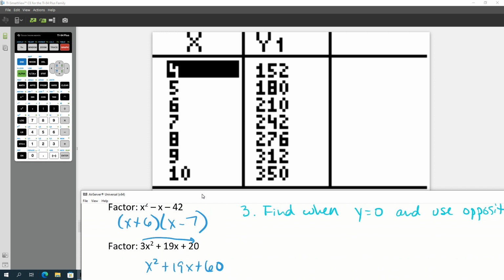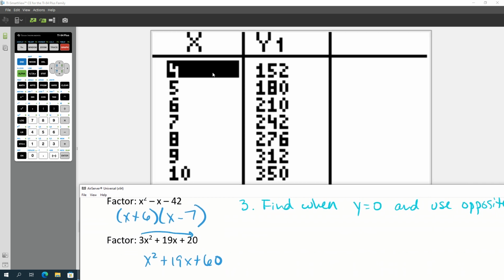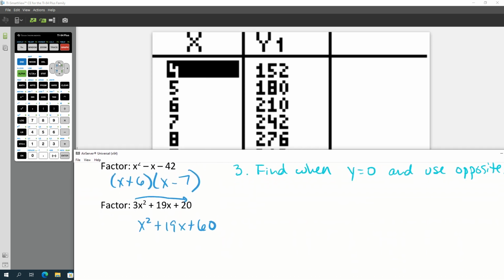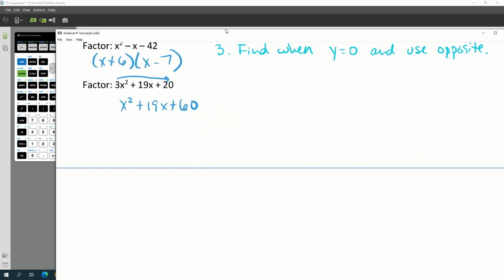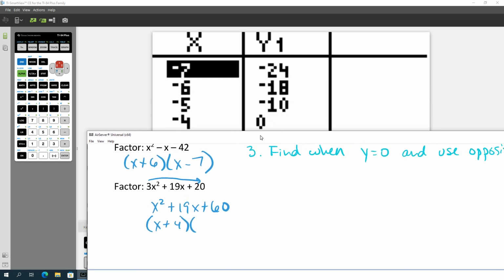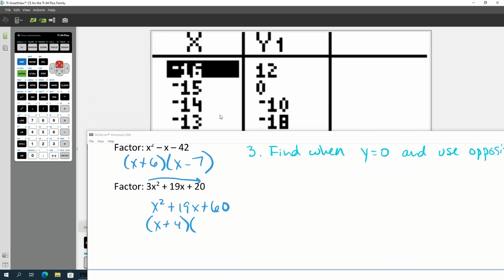These numbers are really big and they're getting bigger as we go down. So I'm just going to start scrolling up and see what happens. Okay, there it is. I have a -4, so that's going to be x plus 4. And then if you know what you multiply 4 by to get 60, that's going to be the other number. If not, you can keep looking on the table and see this 15, so x plus 15.